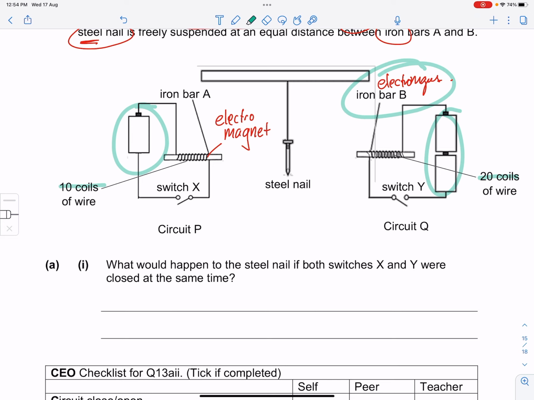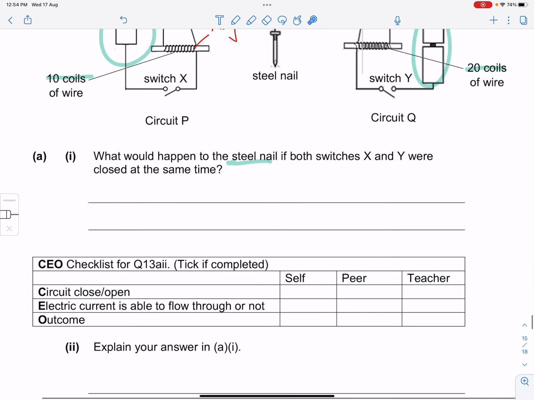So definitely, your circuit Q will produce a much stronger electromagnet, okay, out of your iron bar B. So what will happen to the steel nail if both were turned on? Both are actually electromagnets. However, your steel nail will go towards B because it's a stronger magnet. So you have to tell me what happened.